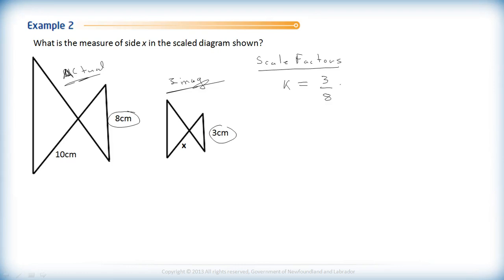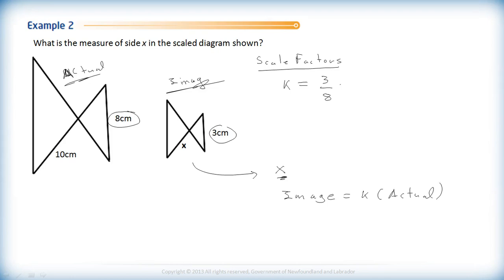Then, once I have my scale factor, if I want to figure out what x is, I know that I can use image over actual for my scale factor formula, or we can remember that the image is going to be equal to K multiplied by the actual.